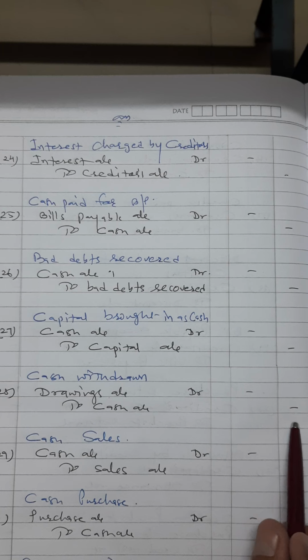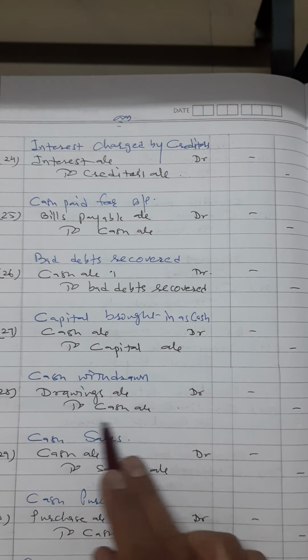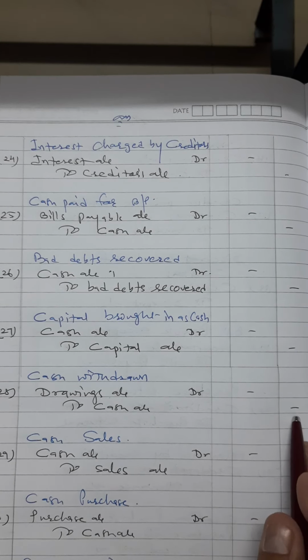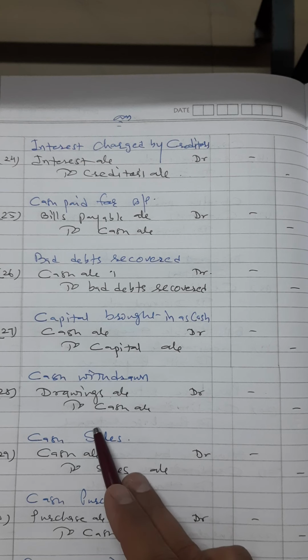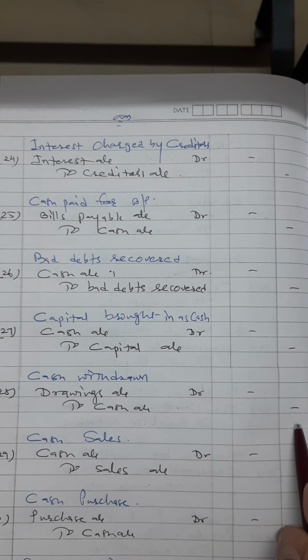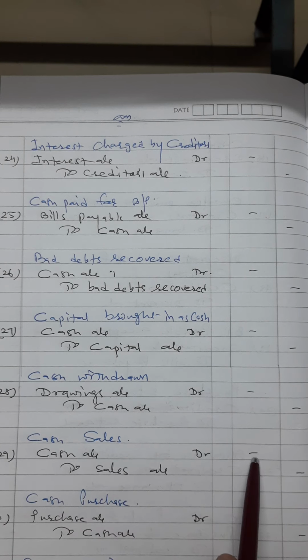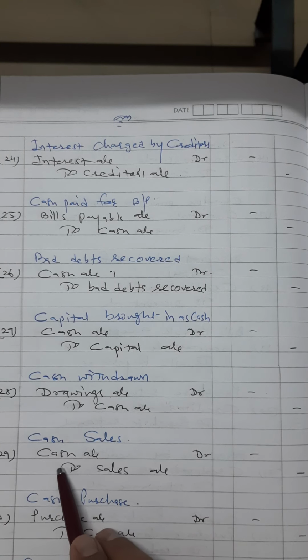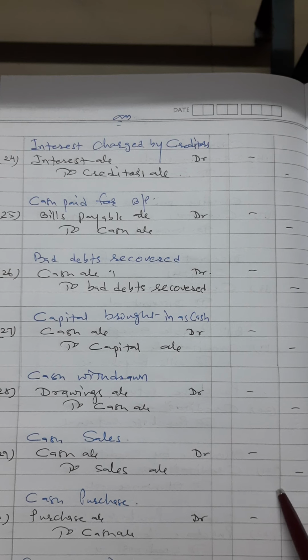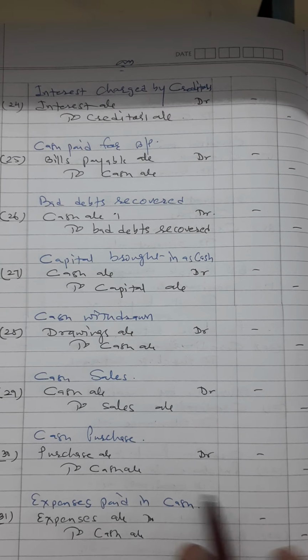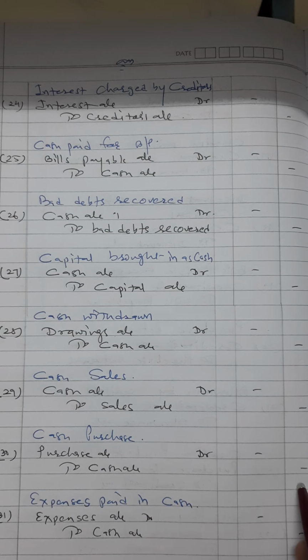If owner has withdrawn some goods, then goods account will be credited. If owner has withdrawn through bank, then bank account will be credited. Then after, if there is cash sale, then entry will be cash account to sales account. If there is a cash purchase, then entry will be purchase account to cash account.